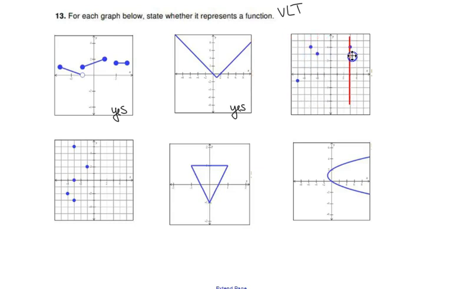Still good, good, and good. Yes, it's a function. Now here, it is a function, but here, notice I have 3 points, all of them closed, so that's a fail. And then notice here, vertical line touches twice, fails a lot, and then fail, fail, fail. So all 3 of these are no's. No, no, and no.